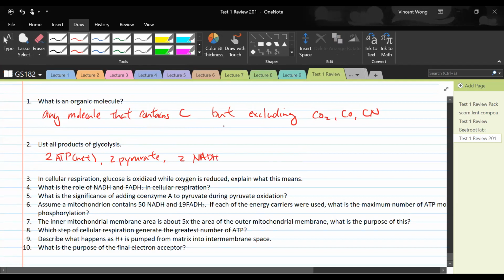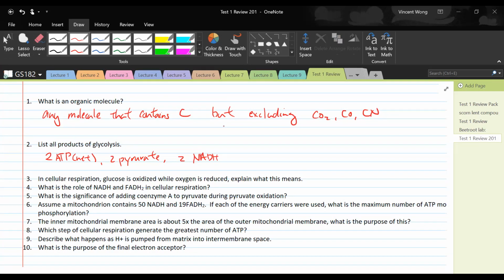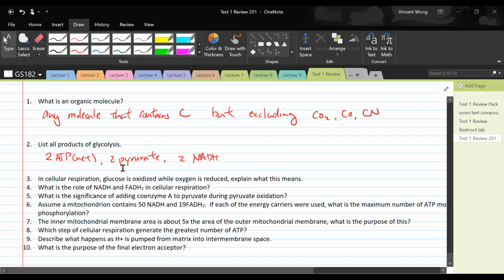Another suggestion I would have: if you have your study guide answers in front of you during the test, fine. But it might be even better if you can take key things from the study guides and reorganize them into a summary. I'm going to be asking you about the specifics of glycolysis, Krebs cycle and pyruvate oxidation.